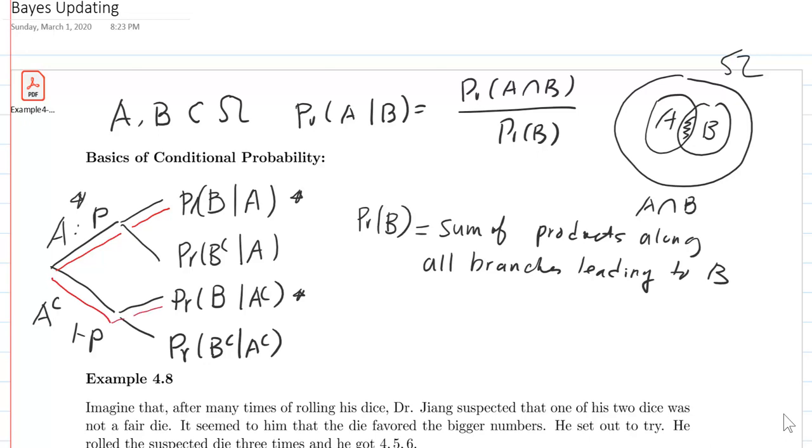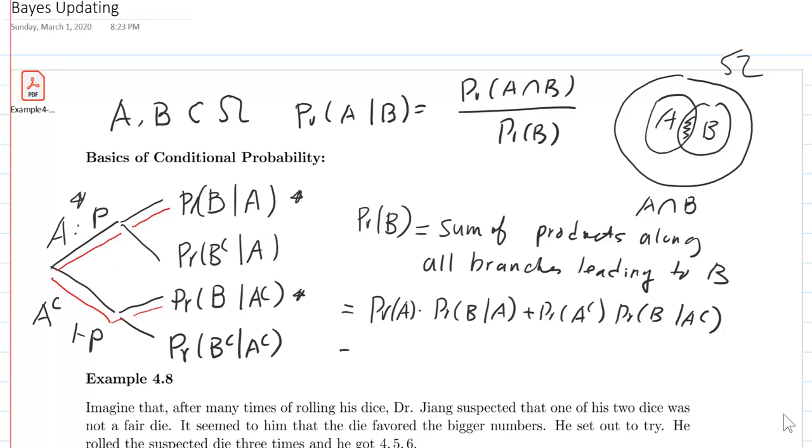And then we know the probability for B to happen is going to be the probability of A times the probability of B given A over here, plus the probability of A doesn't happen, and the conditional probability. Okay?